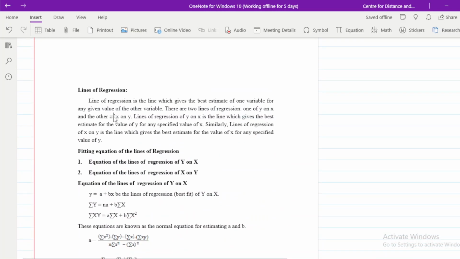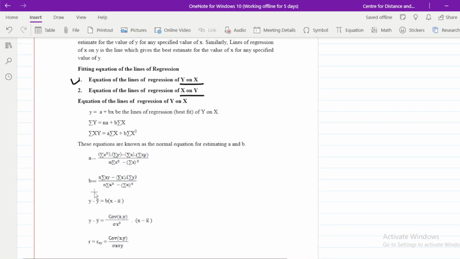Now, lines of regression. There are two lines of regression. First one is the equation of the line of regression of y on x, and second one is the equation of the line of regression of x on y. Then, the equation of the line of regression of y on x.